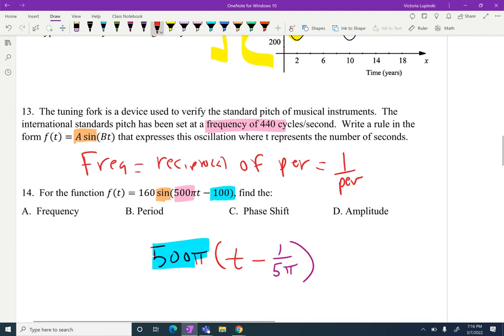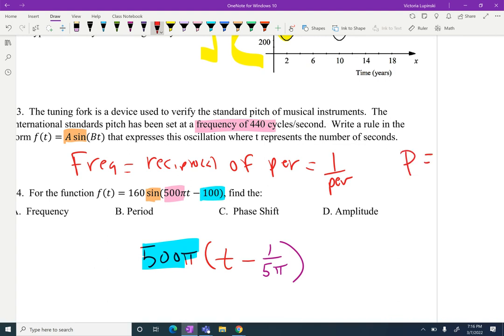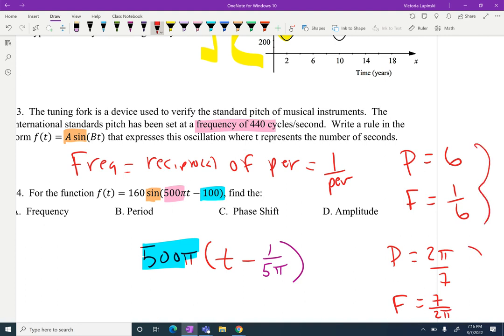So for example, if I said to you that the period was equal to 6, the frequency would have to be equal to 1/6. If I said to you that the period was equal to 2 pi over 7, you could say that the frequency was equal to 7 over 2 pi. So again, you want to think of it as either a reciprocal or a 1 over, depending on the format that you're given.